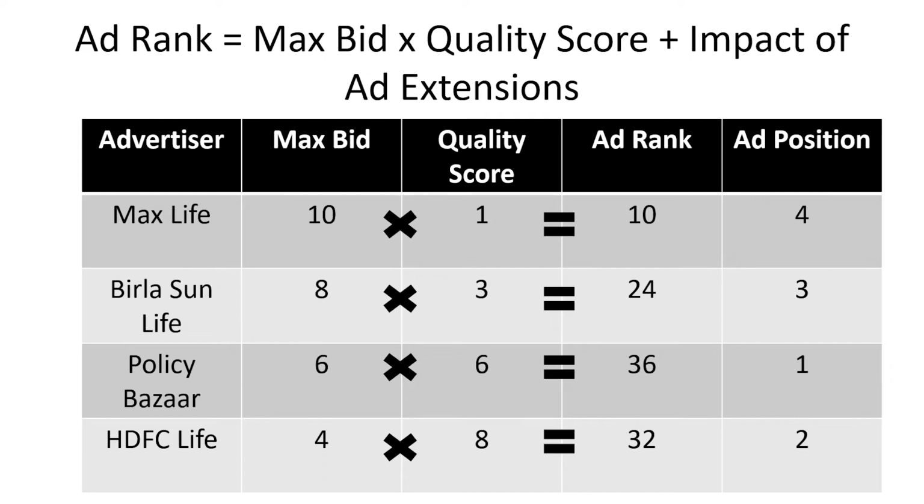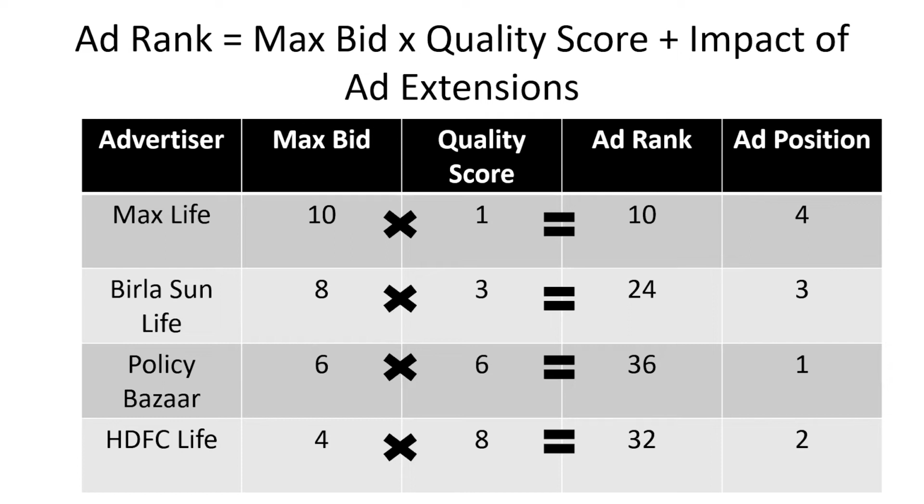Now, quality score is a metric that is used by Google Ads to determine the quality of the advertiser's ad, and whether it should show up for a particular search term or not.